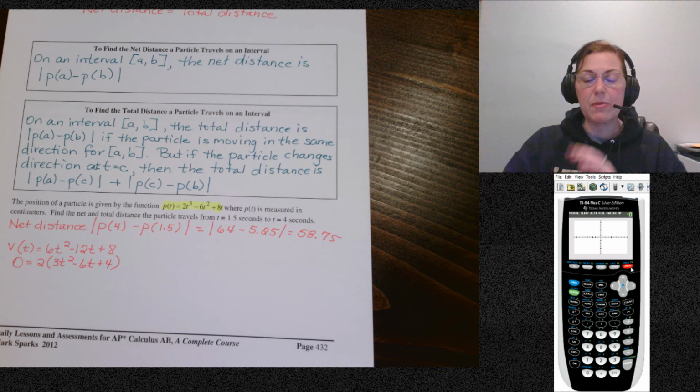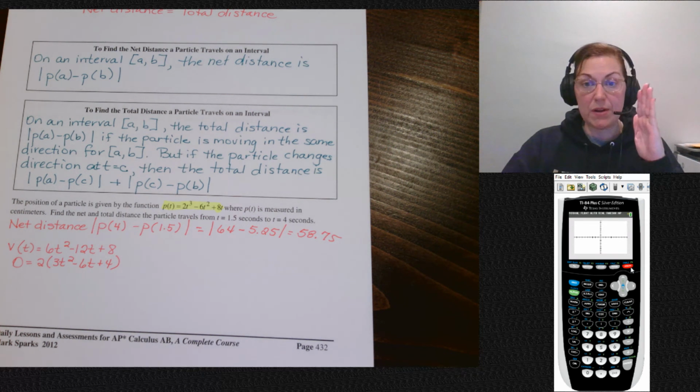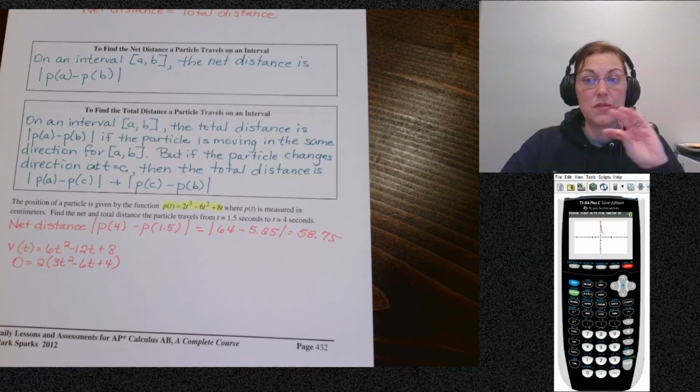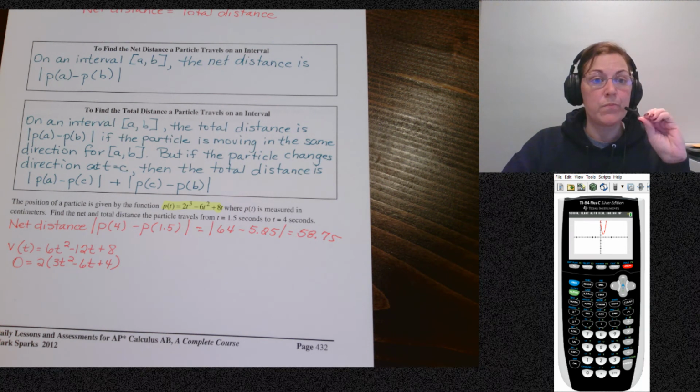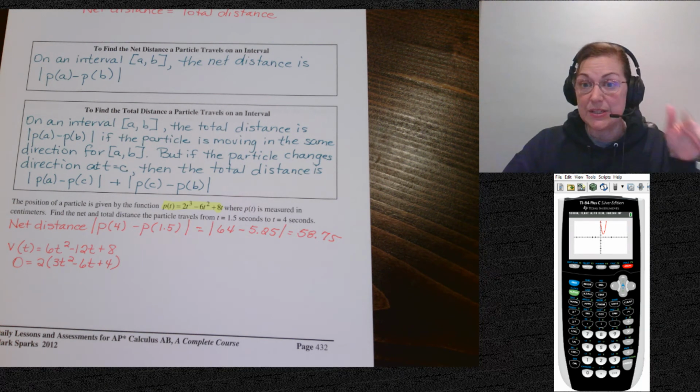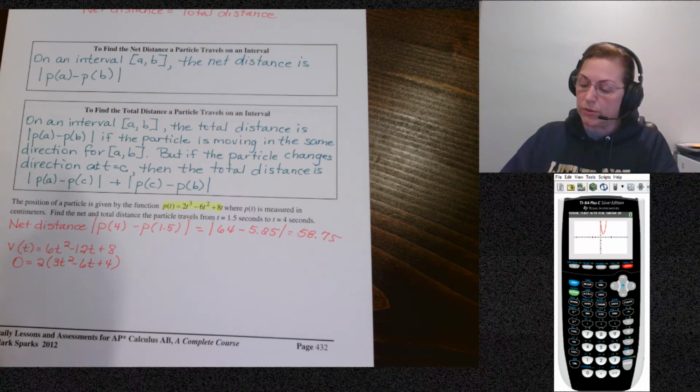Remember, I'm only looking between 1.5 and 4. I need to know if the velocity changes signs. And it doesn't. Notice the velocity stays positive the whole time.